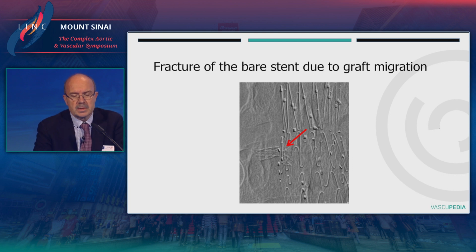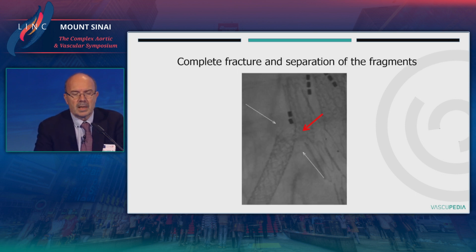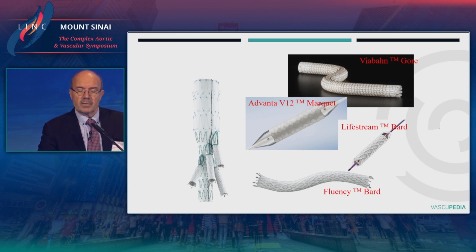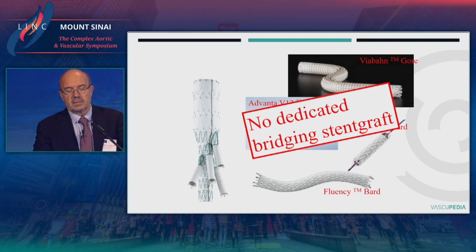In the past, we saw complications like this: fracture of the bare stent, in this case due to graft migration, or the complete fracture and separation of the fragments of this bridging stent used for branched endografting. Now we have many bridging stents on the market, but they are not dedicated for this indication.